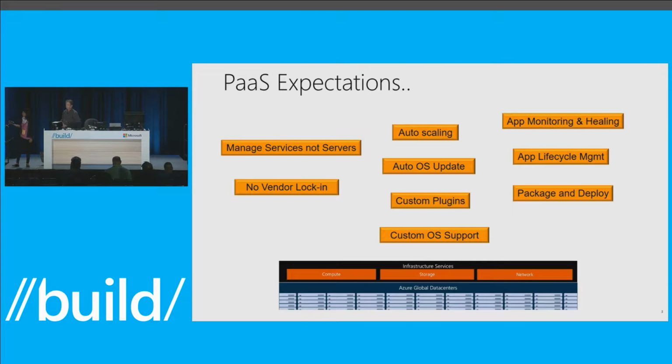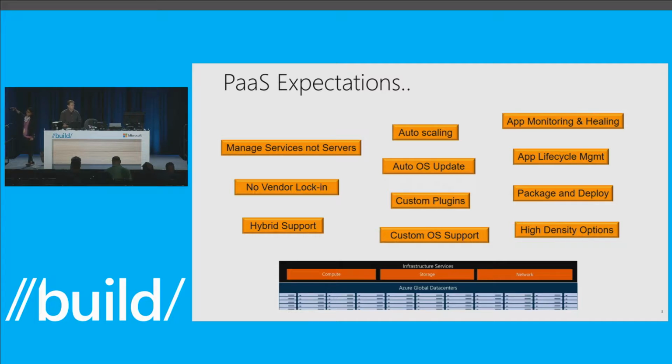Now, in addition, if you want a hybrid strategy, you also want a PaaS platform that does not have vendor lock-in, or that can support customization, or that can support capabilities where you can bring your own operating system. And additionally, depending on the vendor, you might get additional options like hybrid support or high-density options.